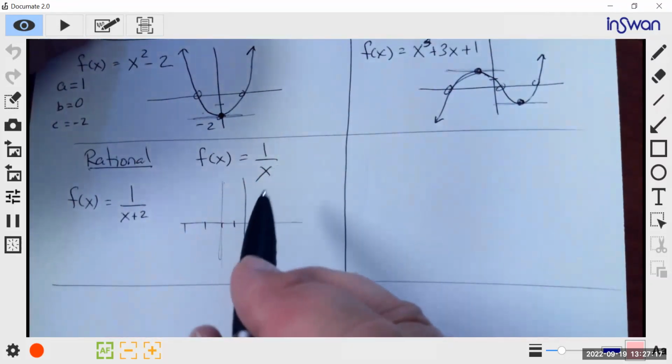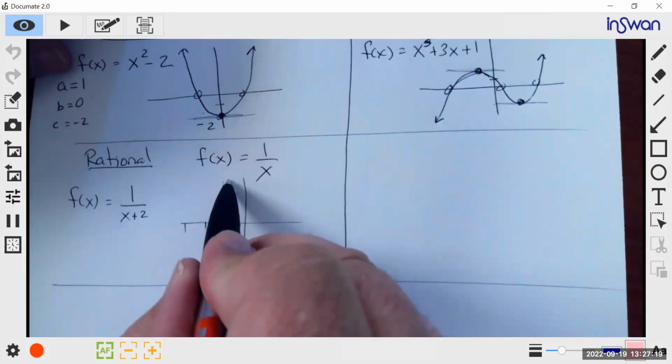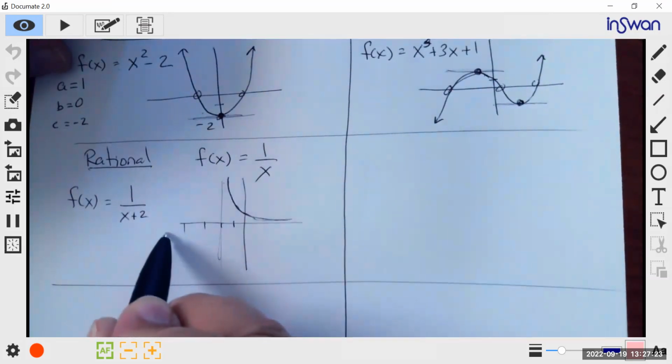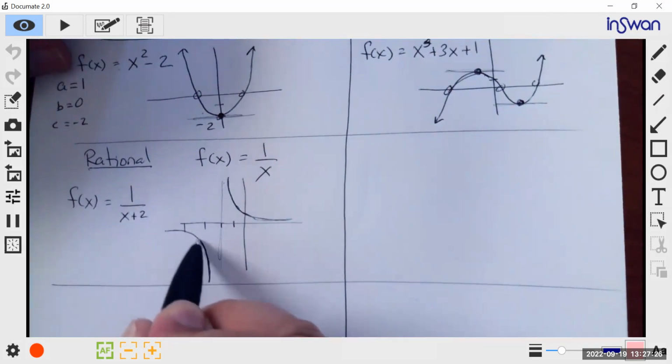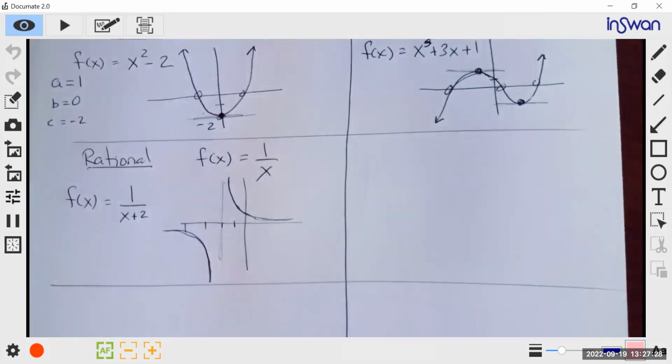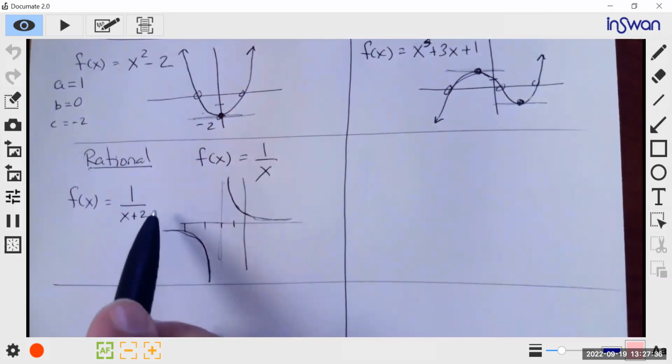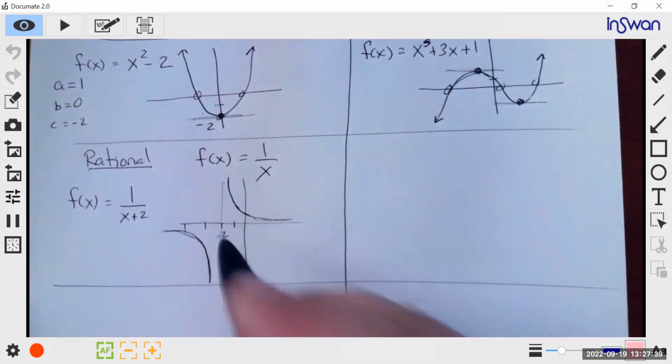In a rational equation, the right side goes down, and so does the left side. We did that, yeah. Because we had an x plus 2, we know that -2 is our asymptote.